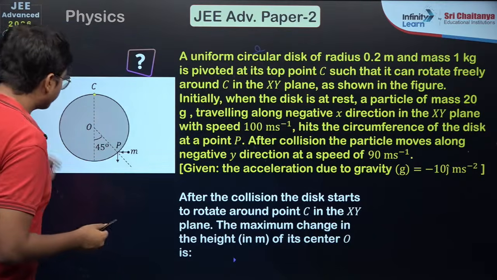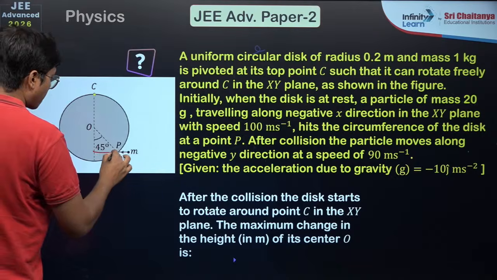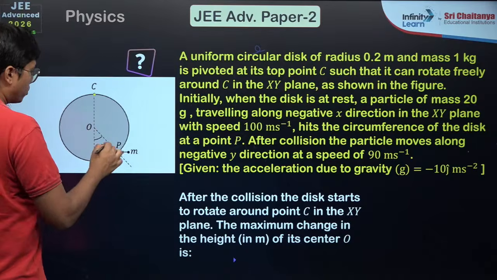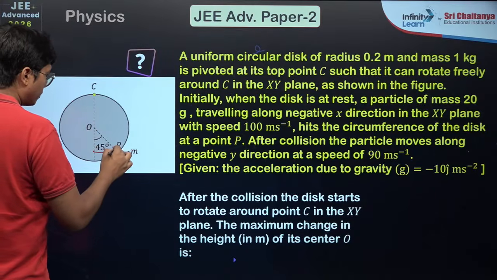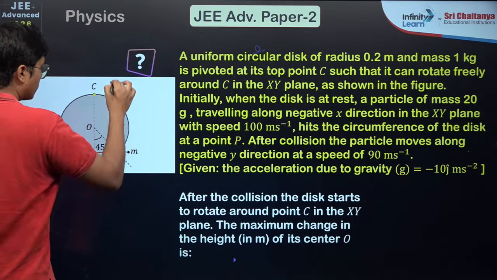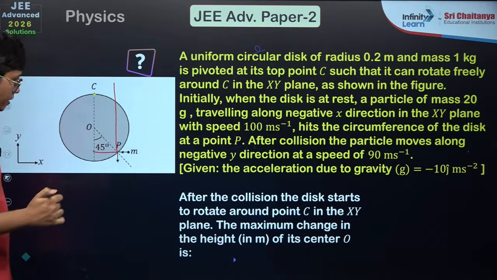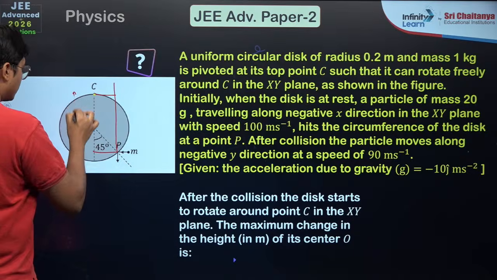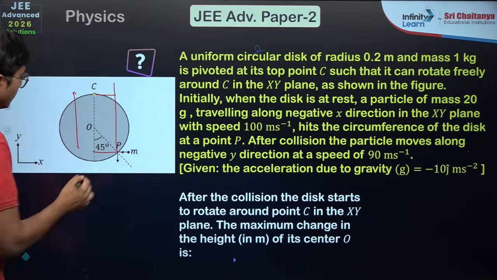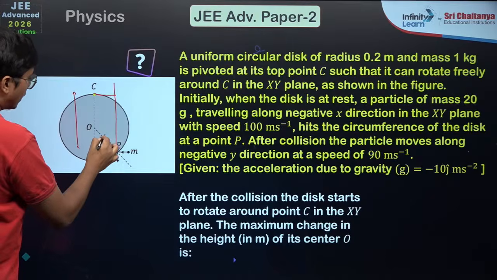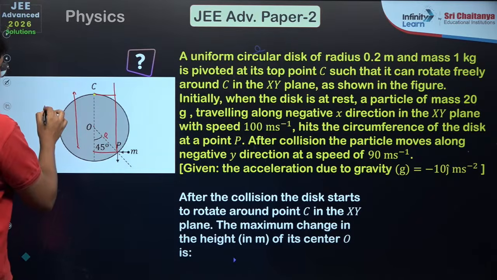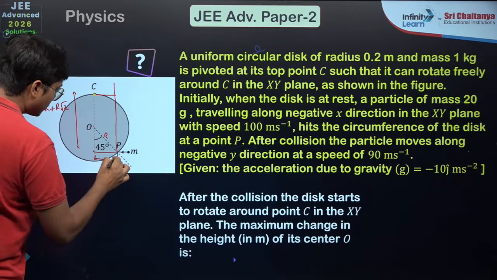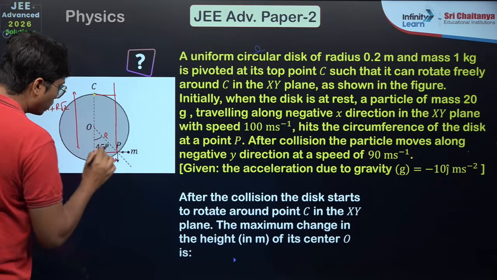In the diagram, if I had to draw it out, suppose from here, this is basically here. So what is this distance? Up till here is r, and this is another r root 2. So this distance is r plus r root 2, whereas this distance is just r root 2.